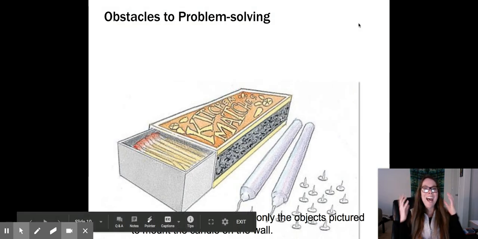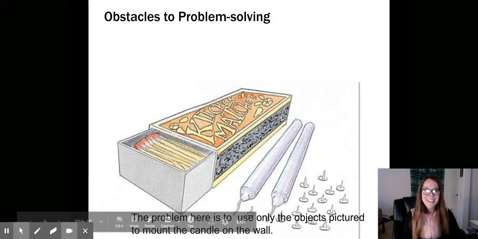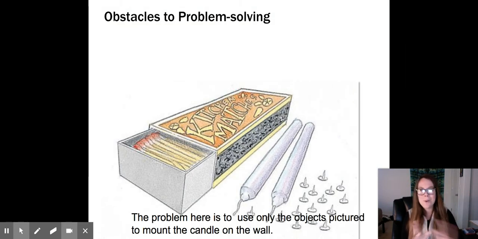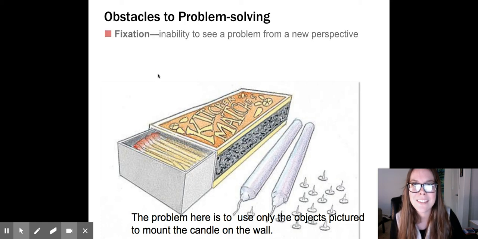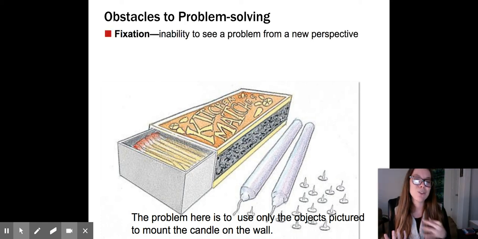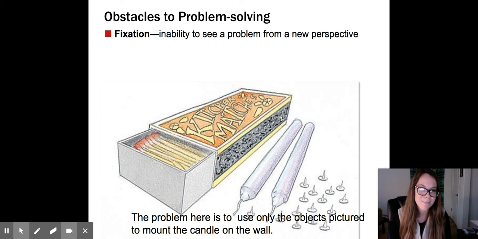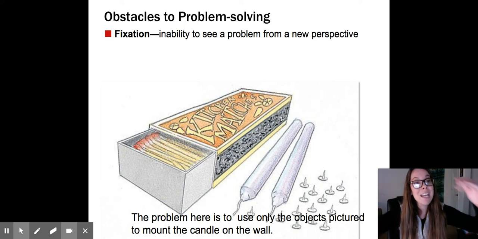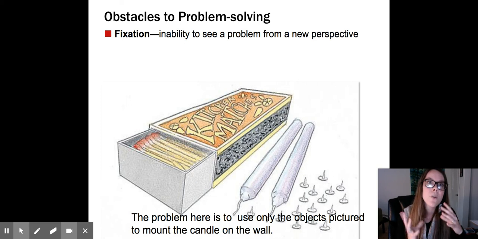And then I would have us do this as a class. I'll explain it in class too, but I usually have you try to solve this problem, which is to use only the objects pictured to mount the candle on the wall. I would have you try to problem solve, figure it out, and you would usually hit a couple of roadblocks.